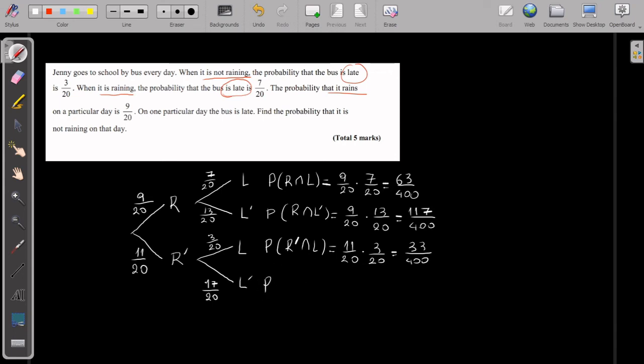And the last, the probability of not raining and not being late is going to be 11/20 times 17/20, which is, let me make the calculation, 17 times 11, 187 over 400.